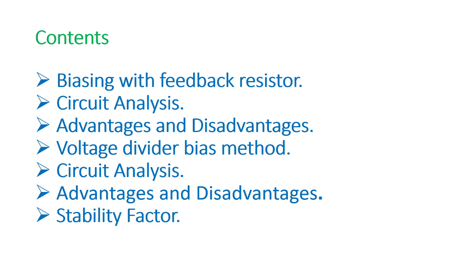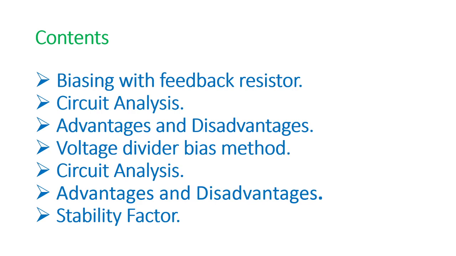Now, in the previous chapter, we discussed that basically a transistor is used to amplify the weak signal. The weak signal is given to the base circuit and the amplified output is obtained in the collector circuit.